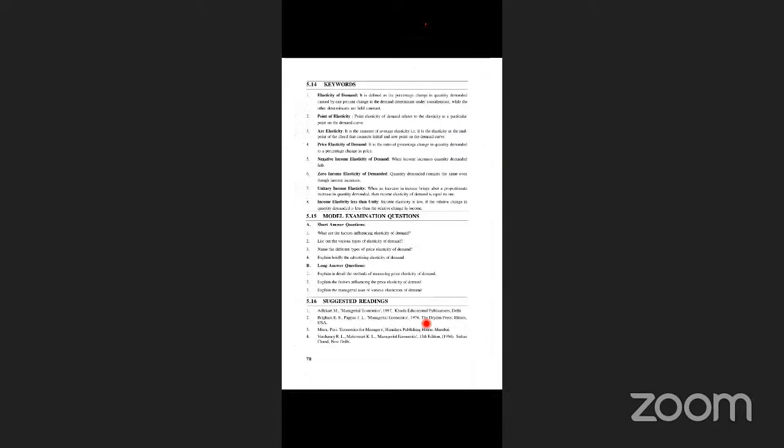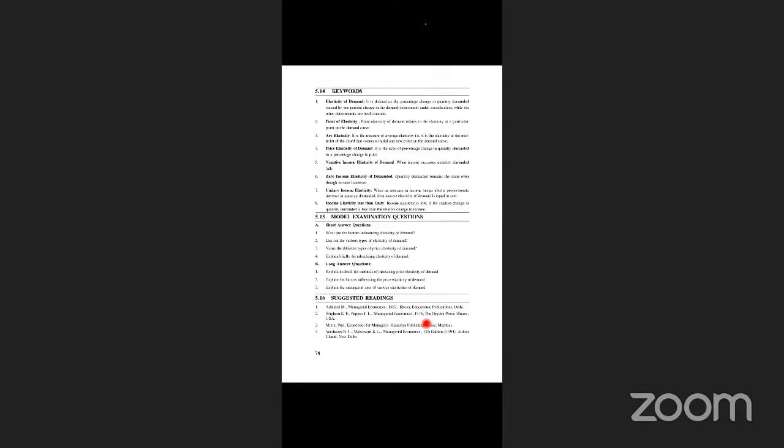Elasticity of demand, mainly price, income, cross. Basically, elasticity of demand is point elasticity and arc elasticity, followed by price, income, cross, and advertising.